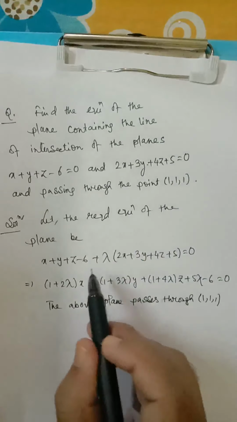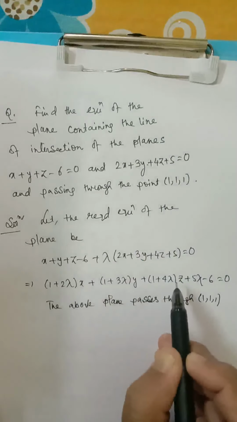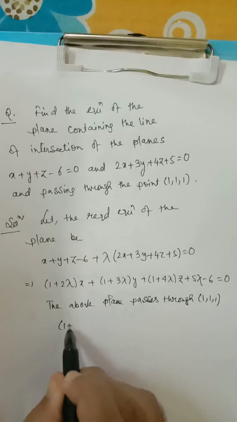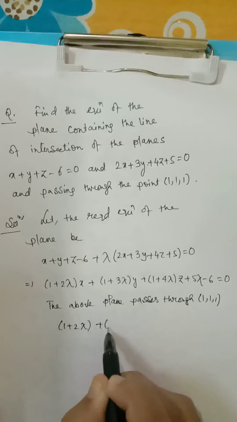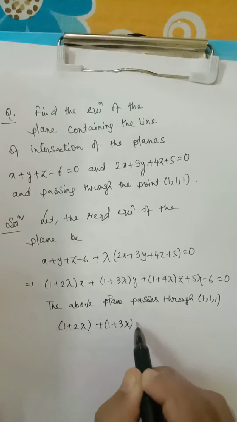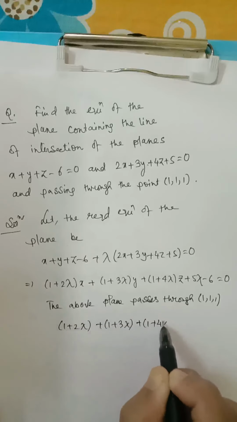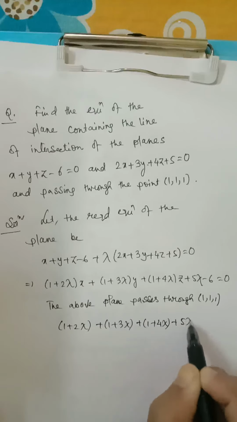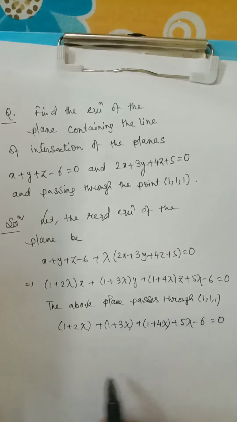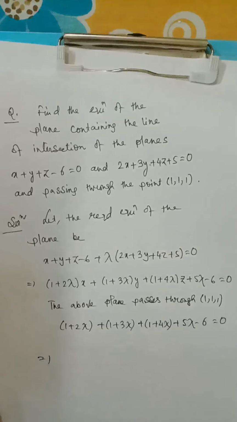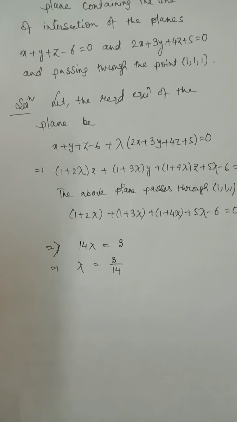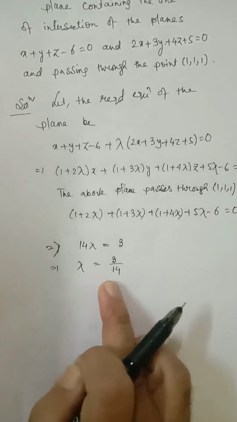So putting x equal to 1, y equal to 1 and z equal to 1, we get 1 + 2 lambda + 1 + 3 lambda + 1 + 4 lambda + 5 lambda minus 6 equal to 0. Solving for lambda, we get lambda equal to 3 by 14.